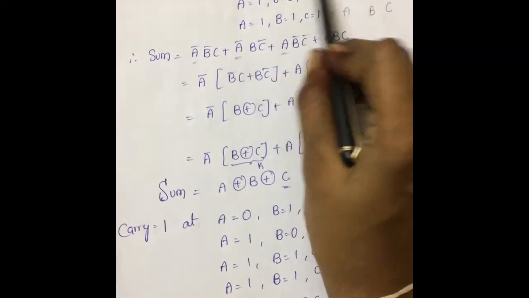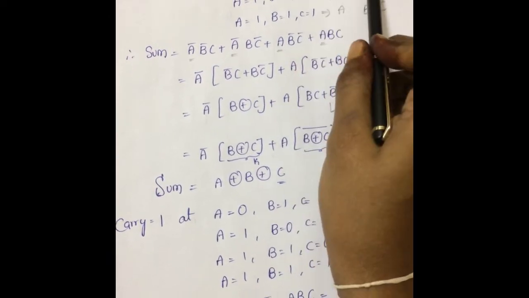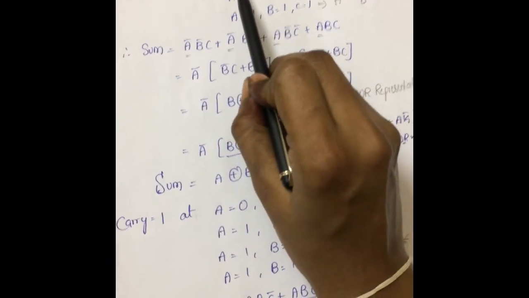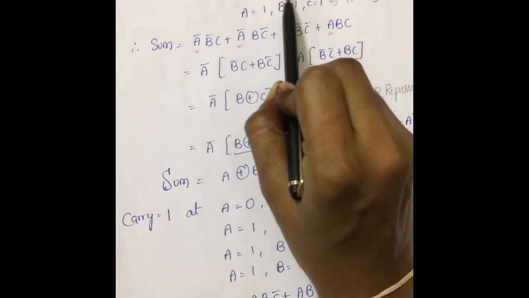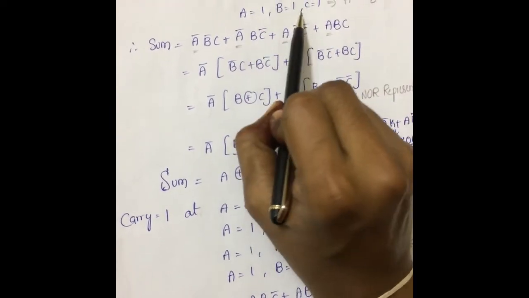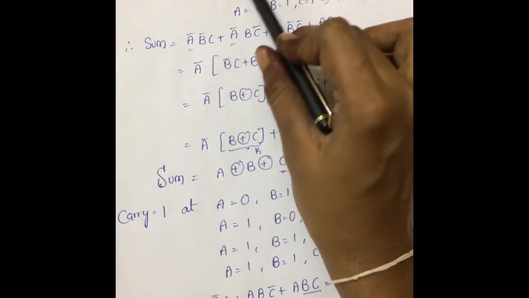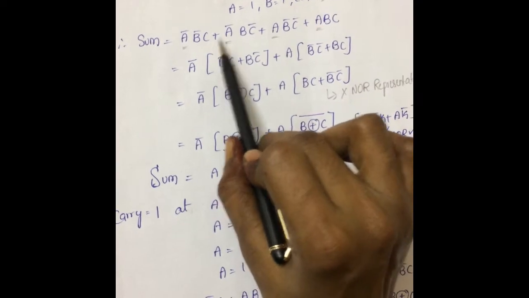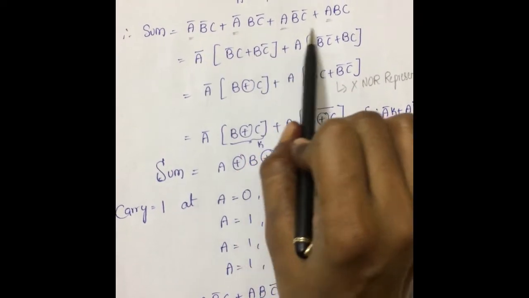A equals 0 means A bar, B equals 0 means B bar, C equals 1 means C as it is. Similarly A bar, B, C bar; A, B bar, C bar; A, B, C. At all these four conditions, sum is becoming 1. That's why we should take the plus symbol. So now this is the expression.